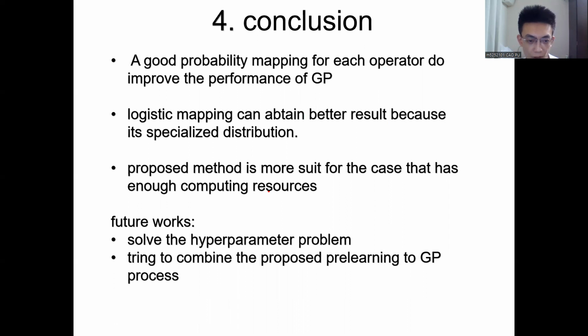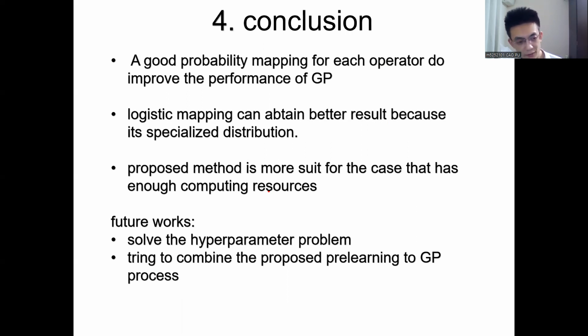And in the future works, the first is to solve the hyperparameter problem. We got some hyperparameters for the pre-learning so far, but hyperparameters are not a good thing for optimization algorithms. I mean, for all algorithms it is not good.